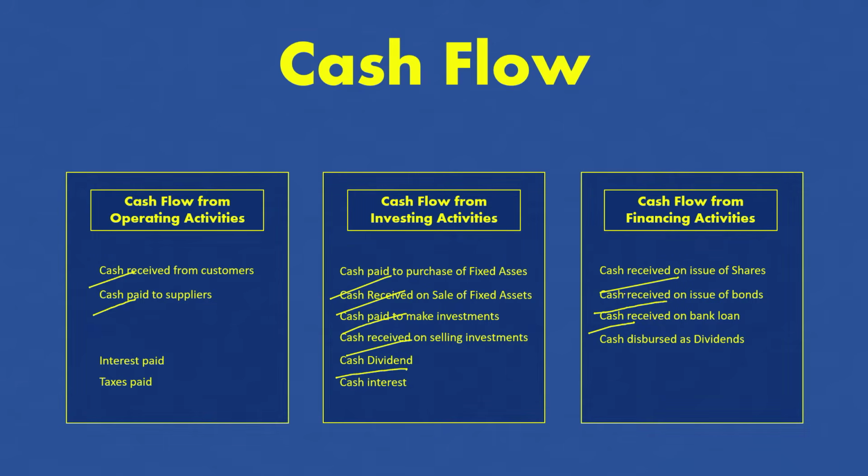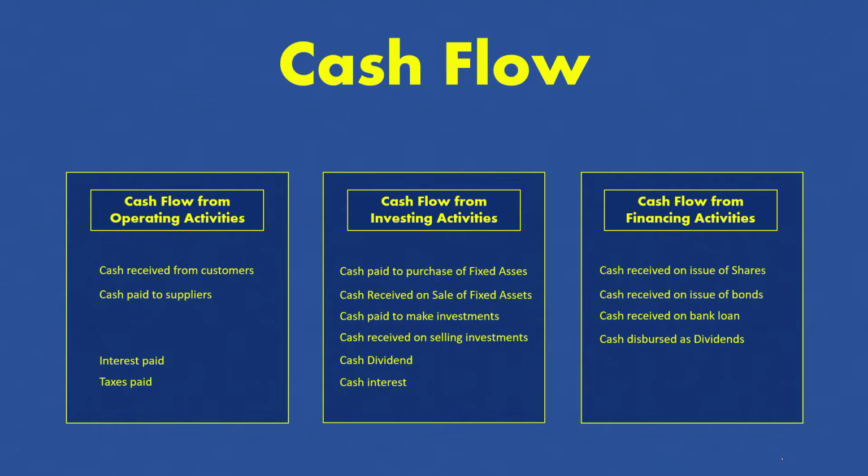There are two reasons for that. Number one, all the accounting records are maintained on accrual basis, which means that the values will not be ready for the cash. And secondly, going to the ledgers and finding all of these values is going to be a little complex. So what we rather do is we only look at the profit and loss statement and the balance sheet, and we extract the cash values from there.